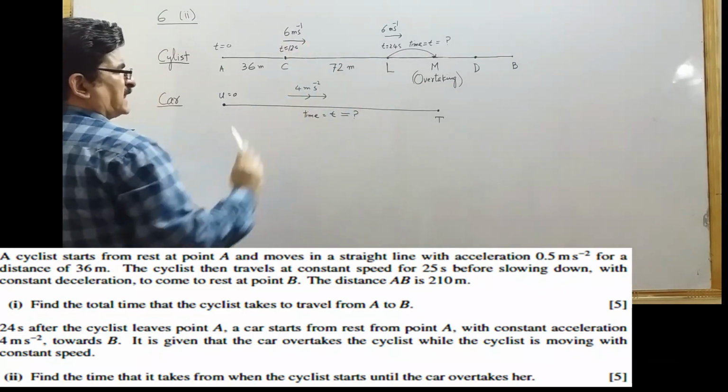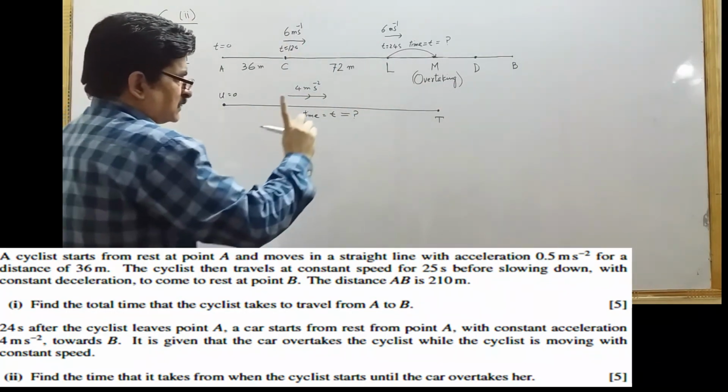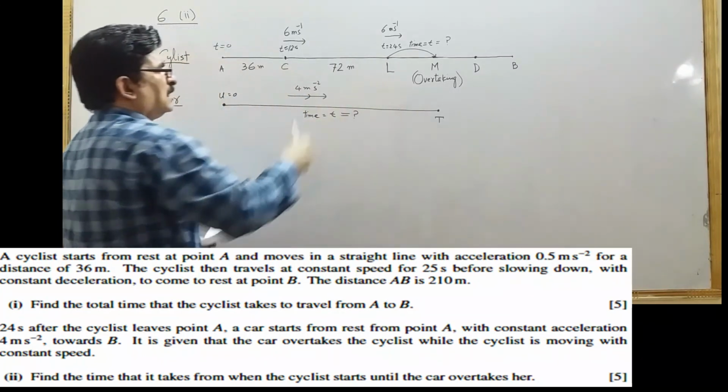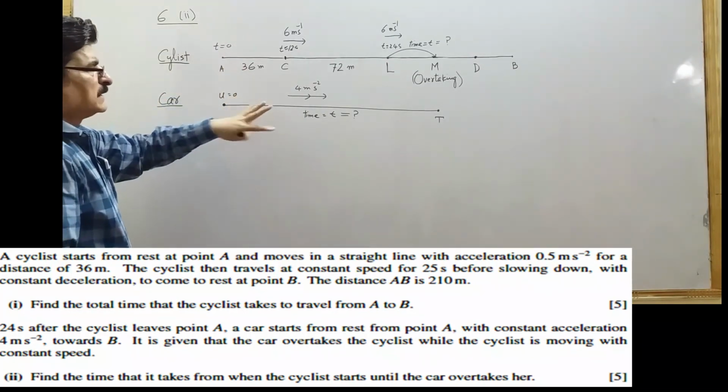Now understand this diagram. When the car starts, the cyclist is, suppose, at the point L. Now 24 seconds have gone.